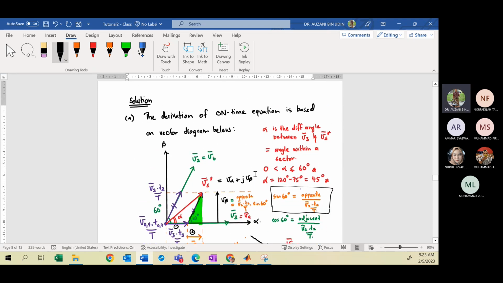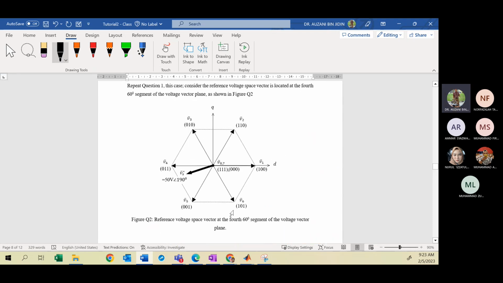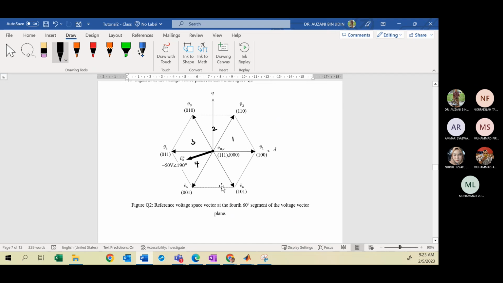So you need to sketch properly the vector diagram. Firstly, you need to identify what are the adjacent vectors. Since your vector is located in sector what? Sector number 1, 2, 3, 4. Fourth sector, right? So the 2 adjacent vectors are V4 and V5.